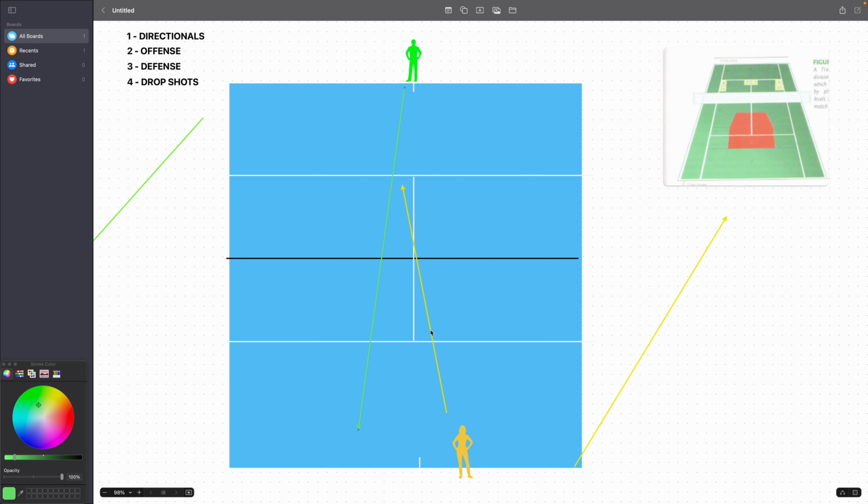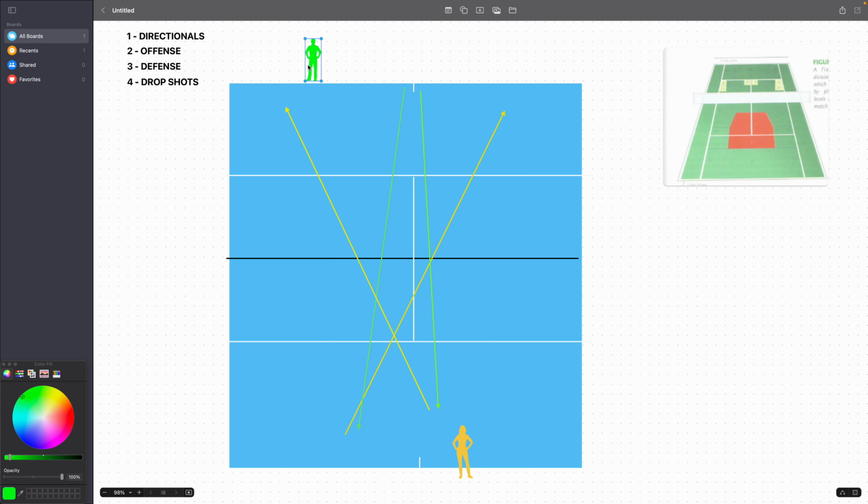And yellow is still maybe in a little bit of an offensive position and plays cross court deep here. Green is going to play to 4 again. And yellow is playing the directionals and goes cross court deep here, maybe a little bit more to the left.